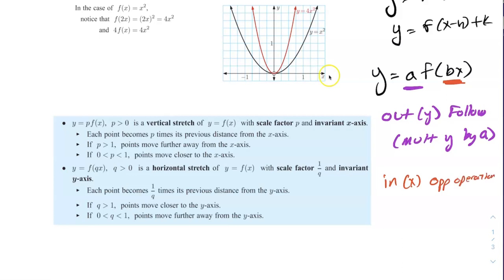The reason I say opposite operation is because you're not going to multiply your x values by b, you're going to divide by b, also known as multiply by the reciprocal. So we're going to multiply x values by 1 over b, also known as dividing by b. It's on the inside, and inside you do the opposite operation.